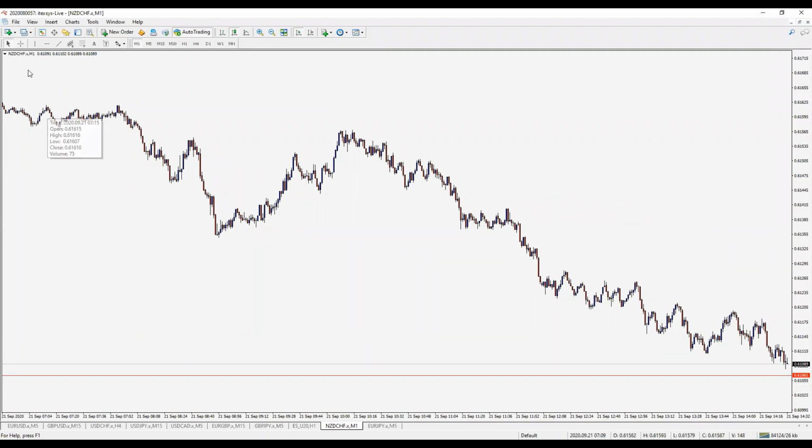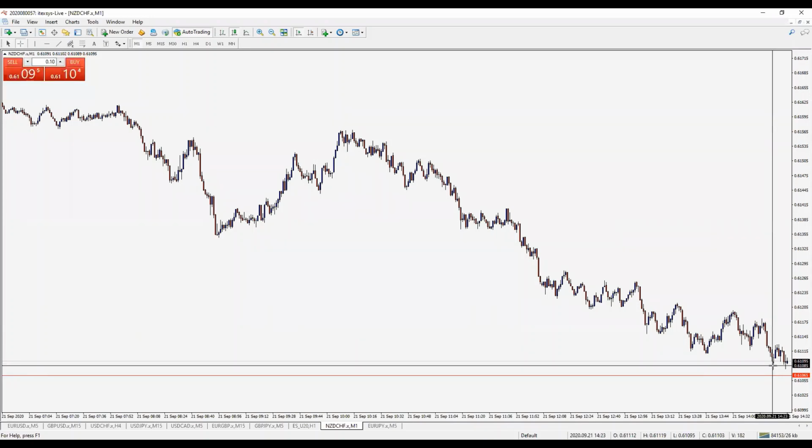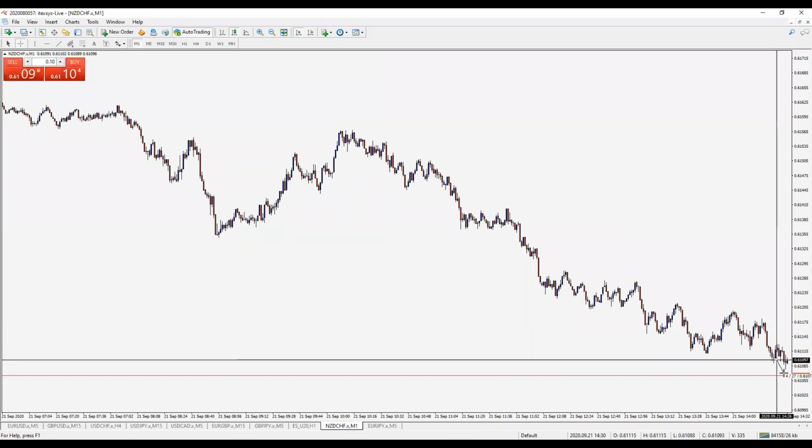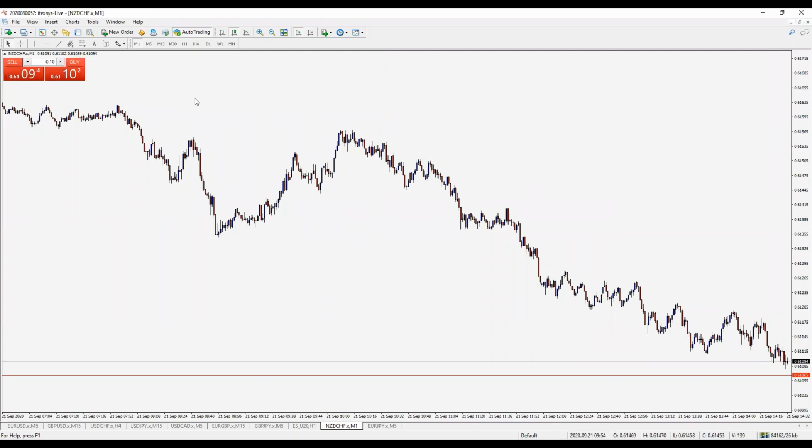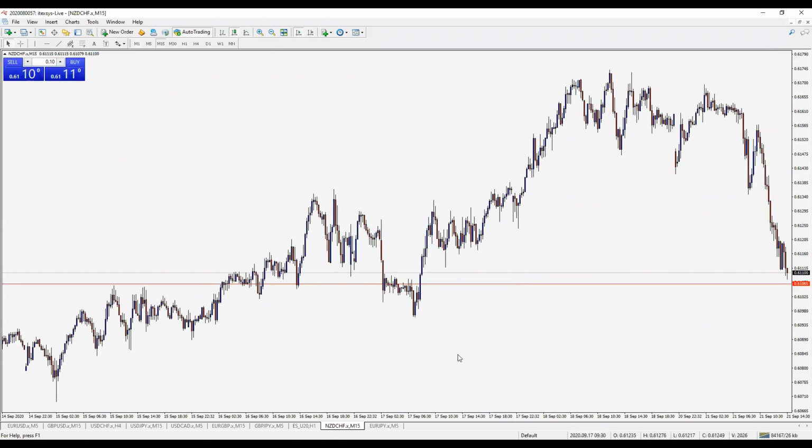All right. Okay, we'll see. It's very, very close to this level, as you can see.